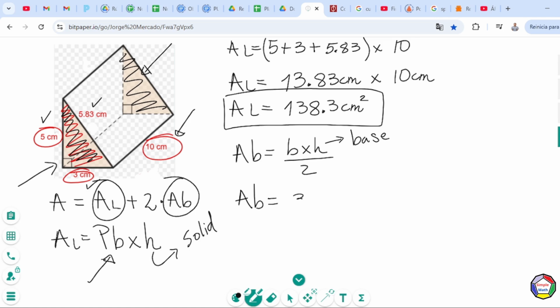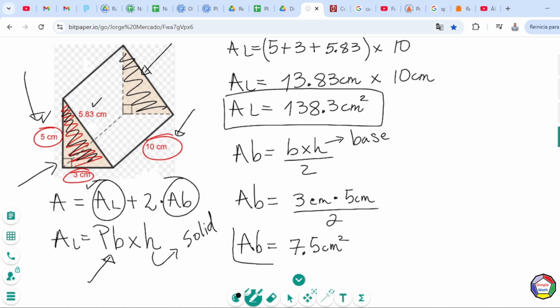It is 3 centimeters times height. What is the height of that plane shape? 5 centimeters. And the answer divided by 2. So the area of the base is equal to 7.5 centimeters squared. That is the area of the base.